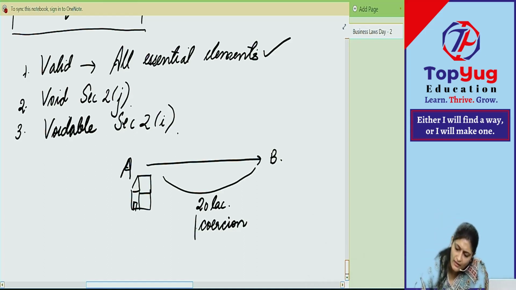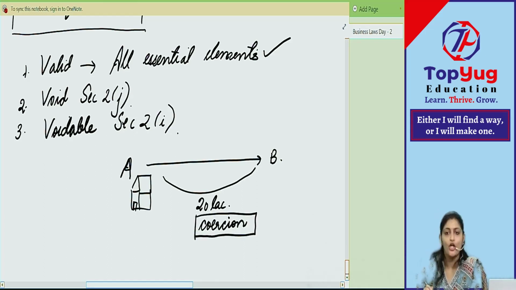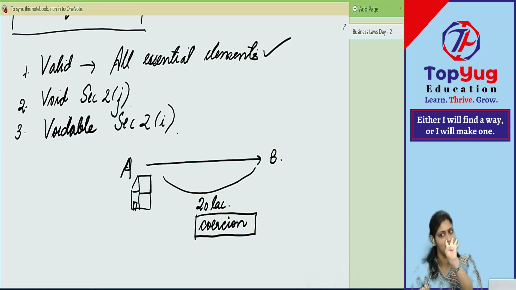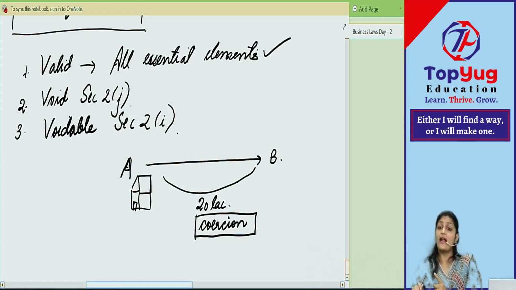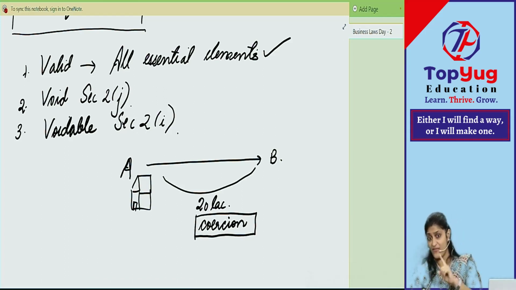Any contract which is entered under coercion, undue influence, fraud, misrepresentation, only these four, not mistake. Mistake is always void. You are at fault, not the other party. Void, no support of court. But a contract entered under coercion, undue influence, when some other party is doing something wrong with you, is there any fault of yours?